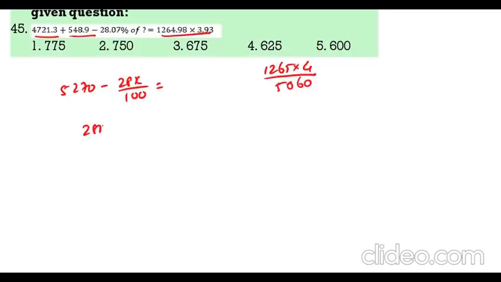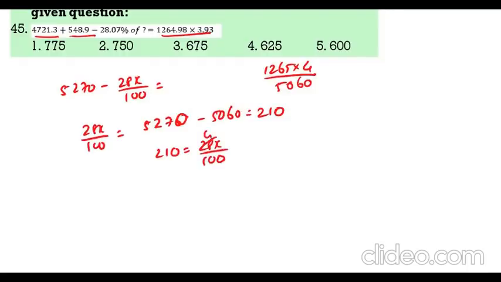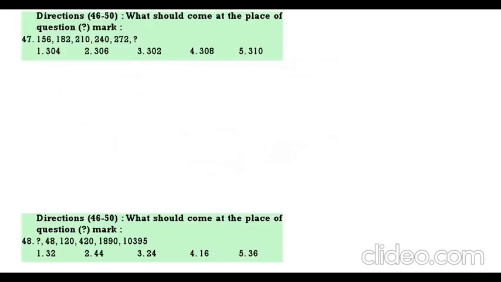So 28x by 100 is equal to 5270 minus 5060. That is 210. So 210 is equal to 28x by 100. So x value is 750. Next question.